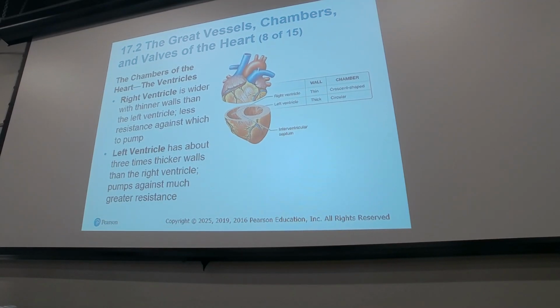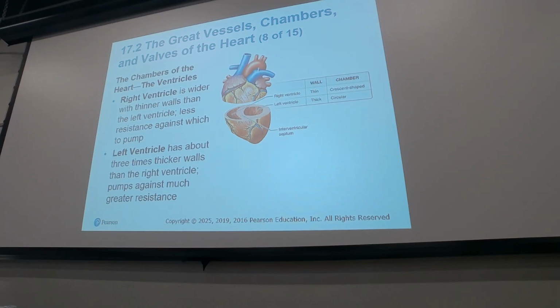Why do you think is that? Why the right ventricle has a thinner wall than the left ventricle? Yeah, it's related to pumping. So which one has to work harder? The left or the right? The left side. Why?